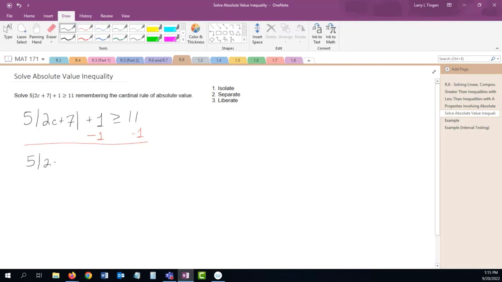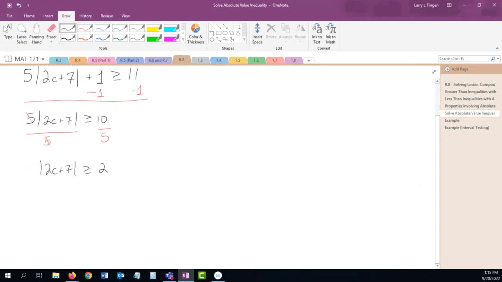So that's why we get rid of the 1 first: everything with the absolute value on one side, everything without on the other. 11 minus 1 is 10. You can't do any math to what's inside the absolute value, but you can divide something on the outside. The 5s divide away, leaving 1s, and the 10 and the 5 reduce to 2. So I've got the absolute value of 2c plus 7 is greater than or equal to -2.